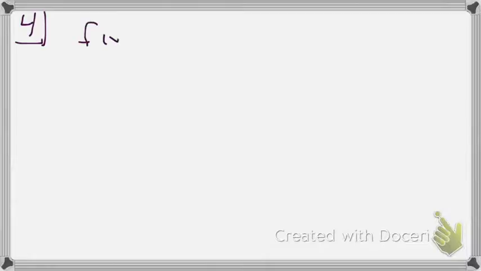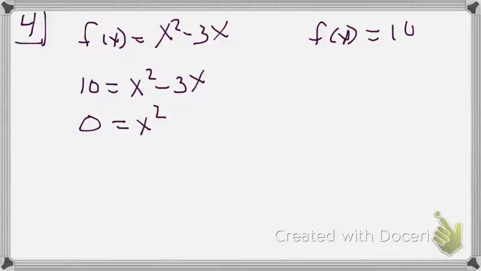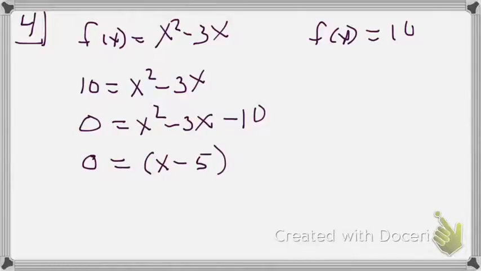That's f of x equals x squared minus 3x, and f of x equals 10. So basically what they're saying here is that 10 equals x squared minus 3x. So 0 equals x squared minus 3x minus 10. So 0 equals x minus 5 times x plus 2, right?